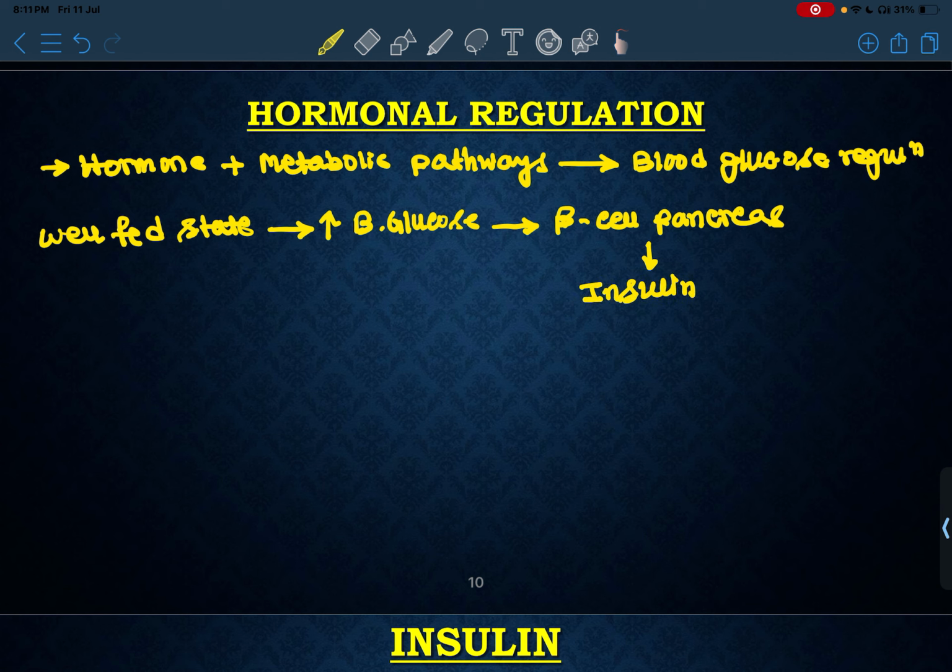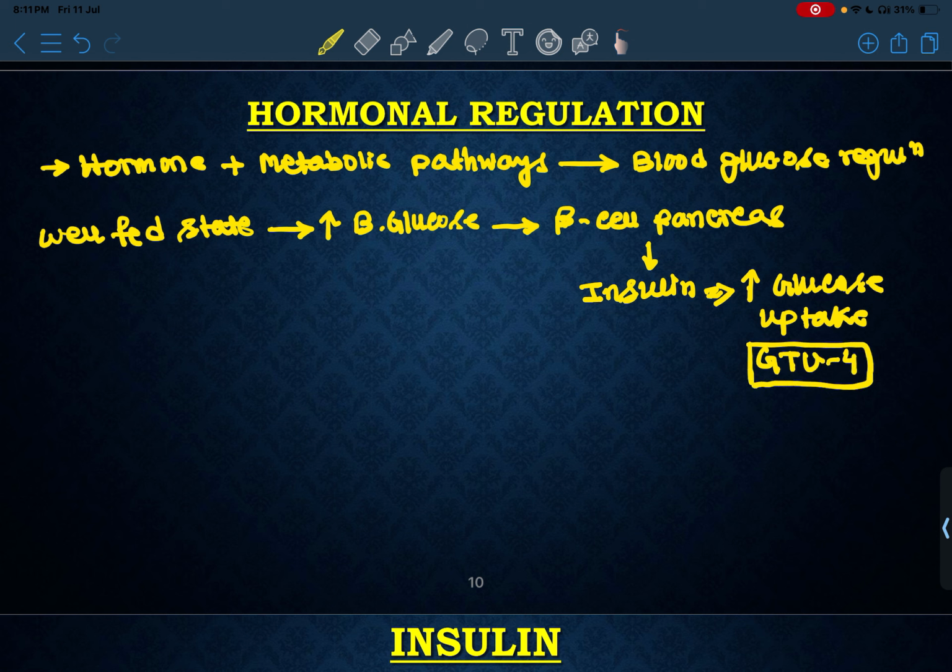How does the insulin regulate the blood glucose? The insulin will increase the glucose uptake by GLUT4, which is a glucose transporter present in the muscle and adipose tissue, mainly in the cells but not in the liver.